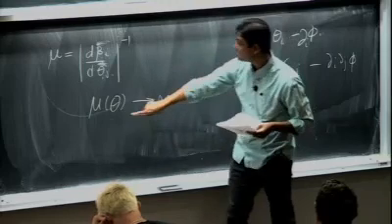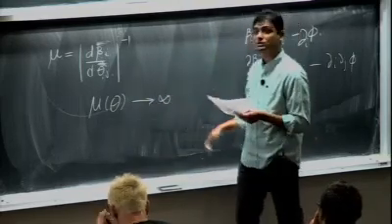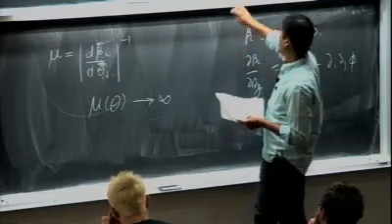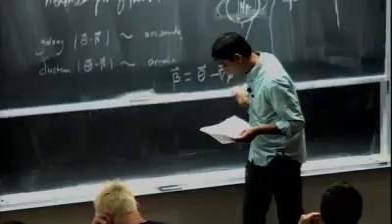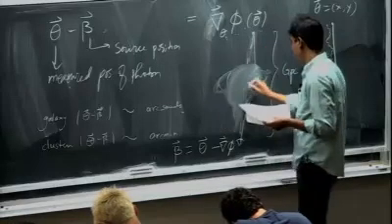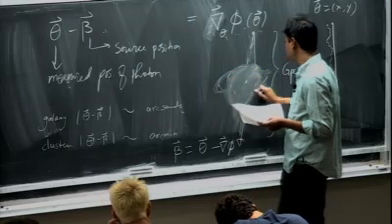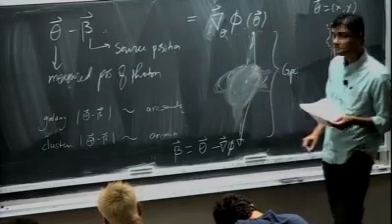But these curves where mu of theta goes to infinity are called critical curves. And so for a galaxy like this, let's say that's the center of the galaxy, a critical curve might look like that. Okay.